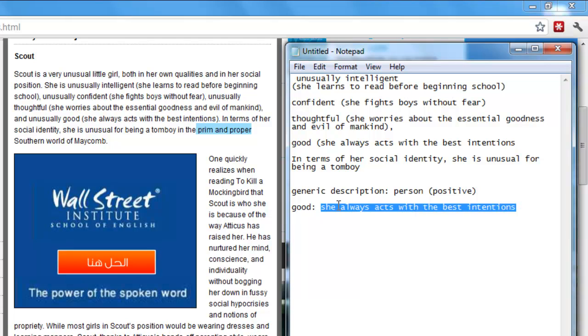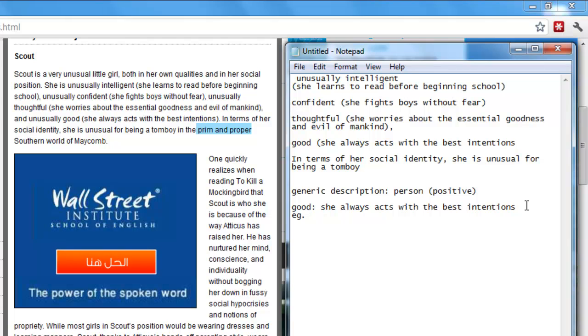And I think if you were talking about your friend or your parent or your brother or sister in a positive way, you could say good as long as you continue to say what you mean. An example here would be perfect.